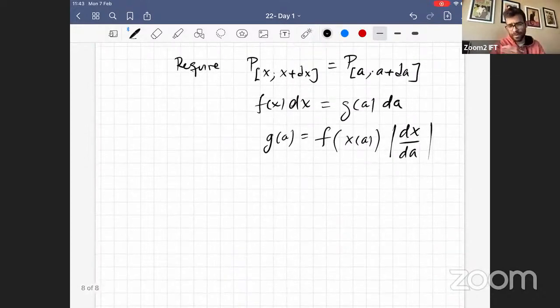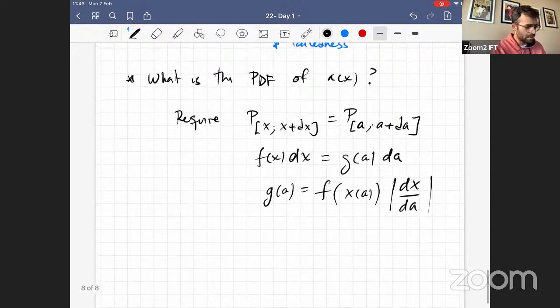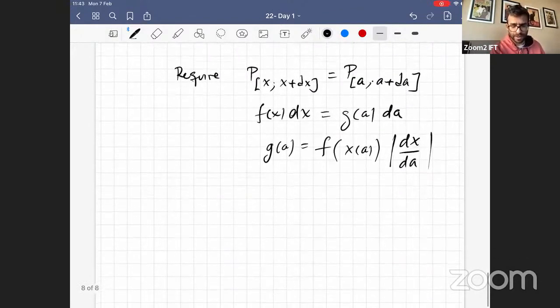This is the way you compute the probabilities of functions of random variables. Just compute the Jacobian. Of course, if this is multivariate, then the Jacobian is a matrix, etc. So that is generalized in a straightforward way.